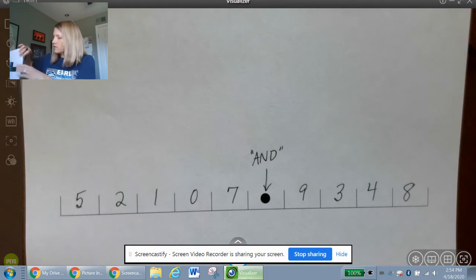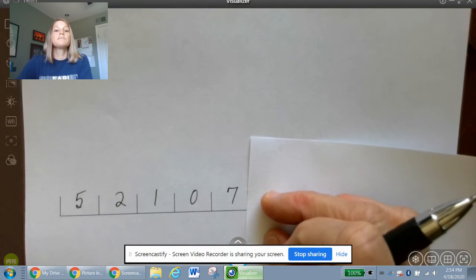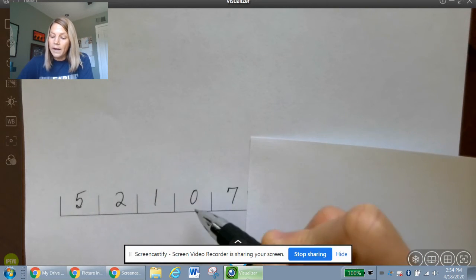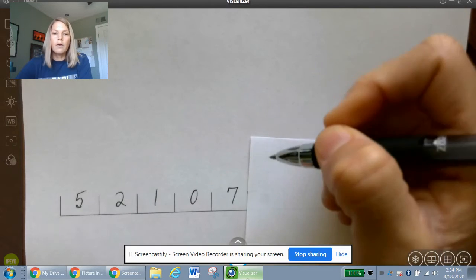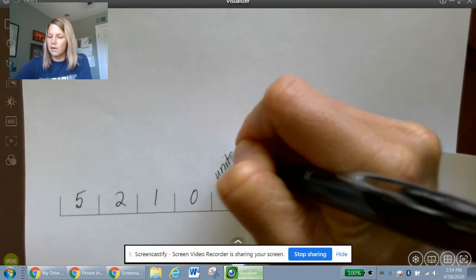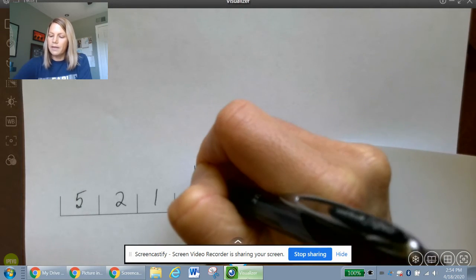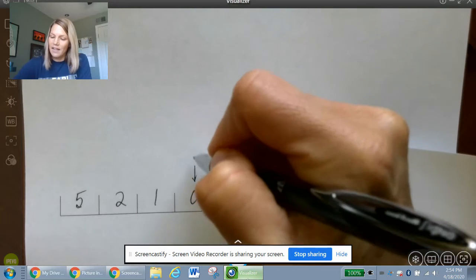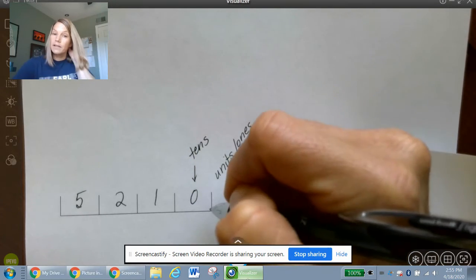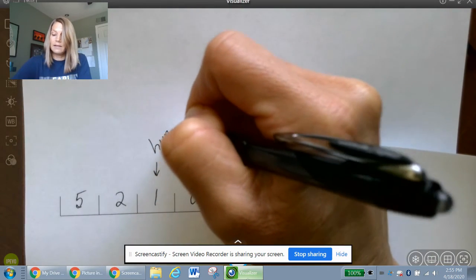So let's go ahead and just start by looking only at the numbers before the decimal point. This is 52,107. We know from elementary school already that this is the units place or the ones place right here. Then the 0 is in the tens place. So this number has 7 ones, 0 tens, 100.